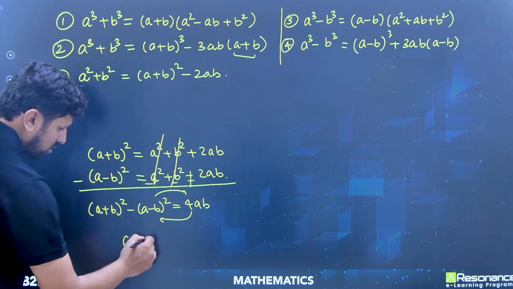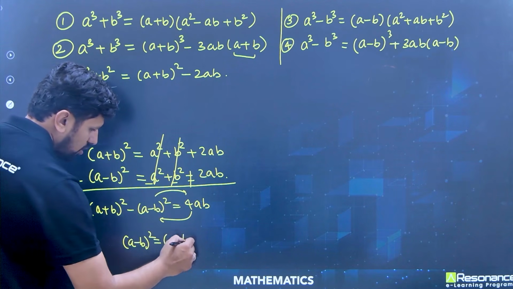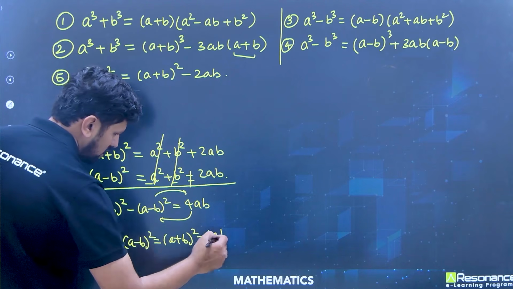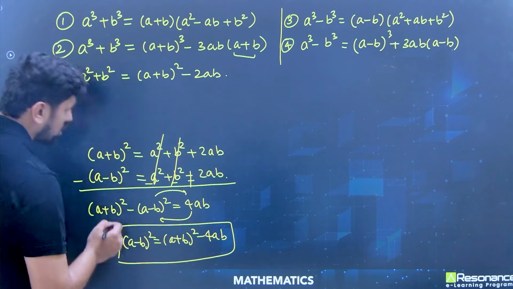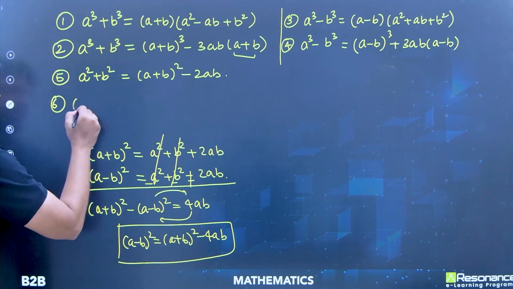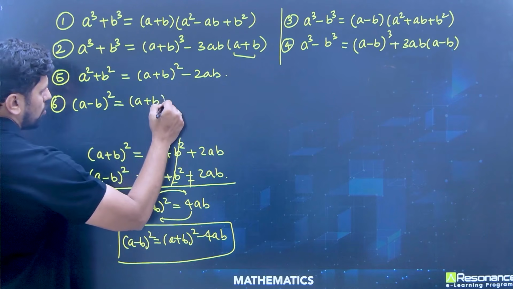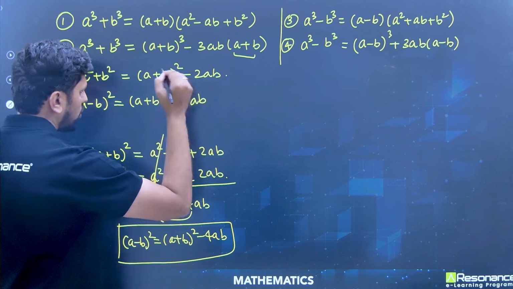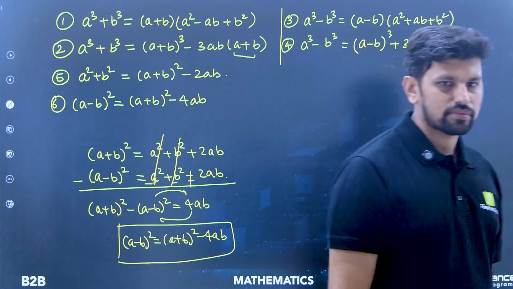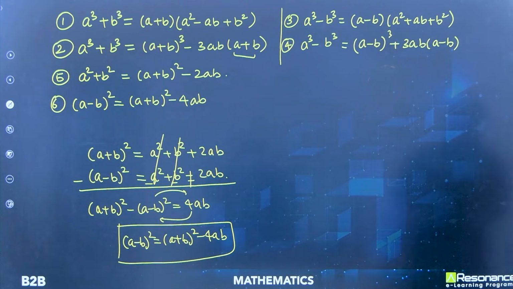So a minus b whole square will be equal to a plus b whole square minus 4ab. So our sixth formula will be a minus b whole square equals a plus b whole square minus 4ab. Okay. Understood? Any doubt in any of the six formulas?